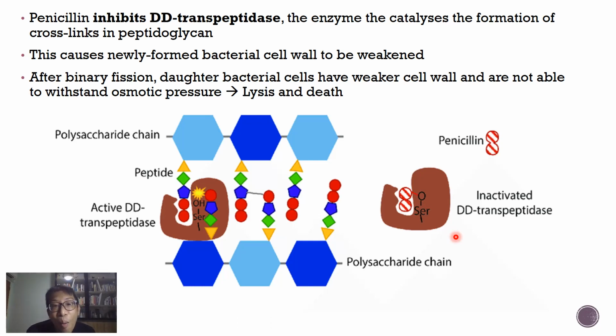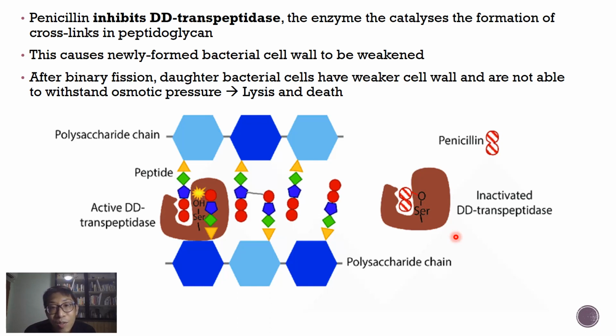It's the newly formed cell wall that's going to be weaker after the introduction of penicillin, because those newly formed cell walls wouldn't have the cross linkages.